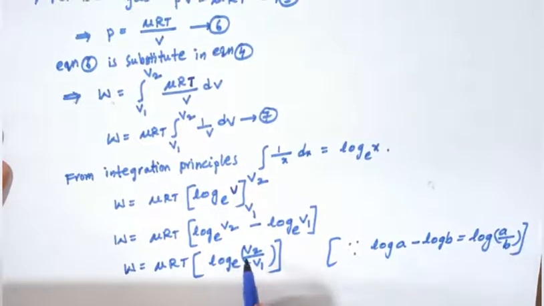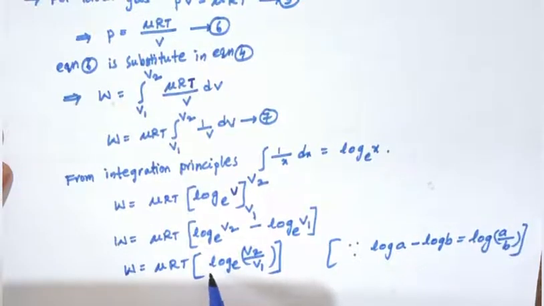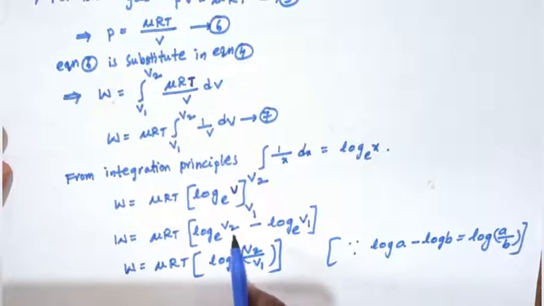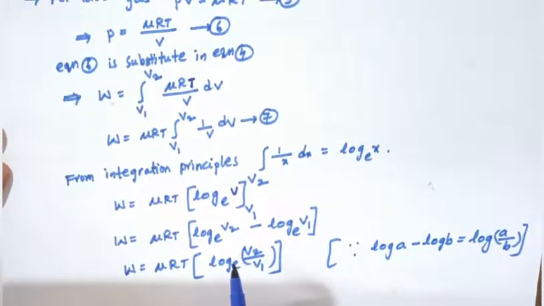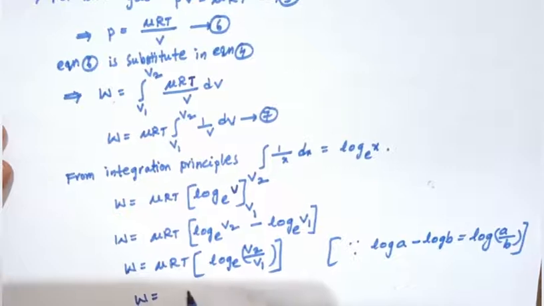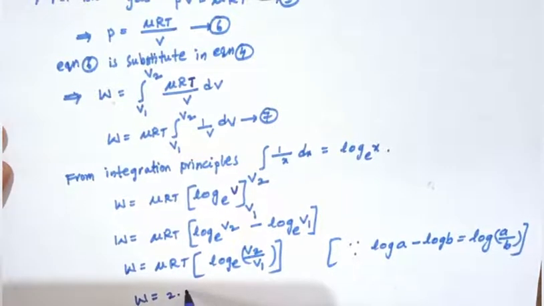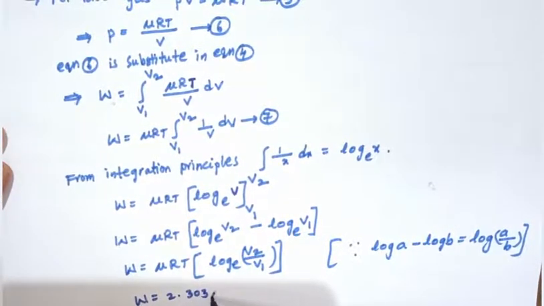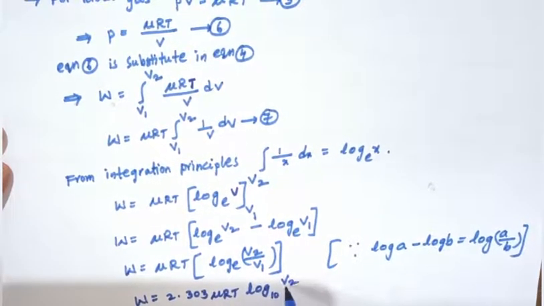So log base e is converted to log base 10. For convenience in problems, we can multiply it with 2.303. So W equals 2.303 mu RT log base 10 V2 by V1.